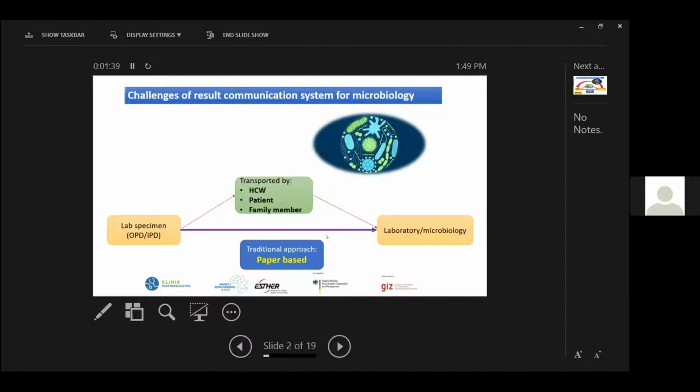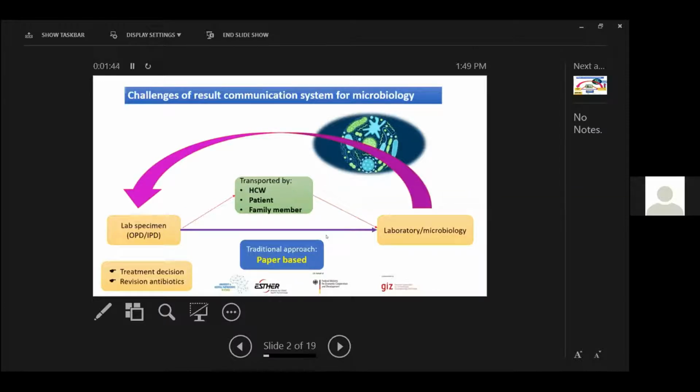A big problem which is still existing is how to get the result back to the physician, where the treatment decision and revision of antibiotics should be put in place as soon as possible so that effective treatment is administered to the patients.